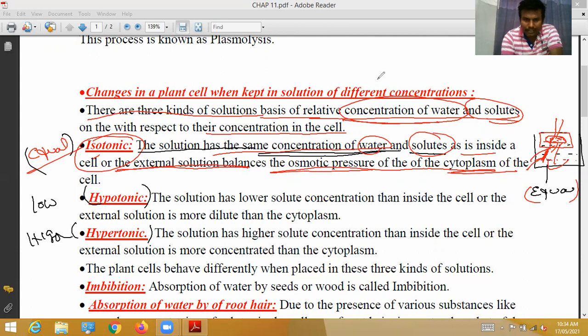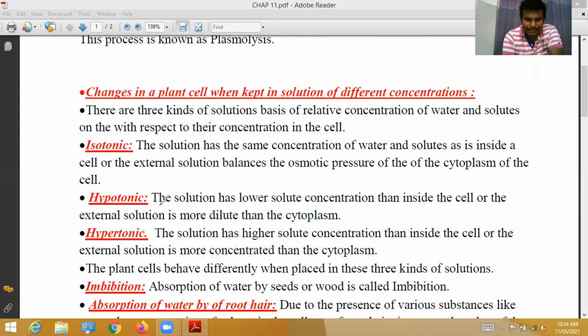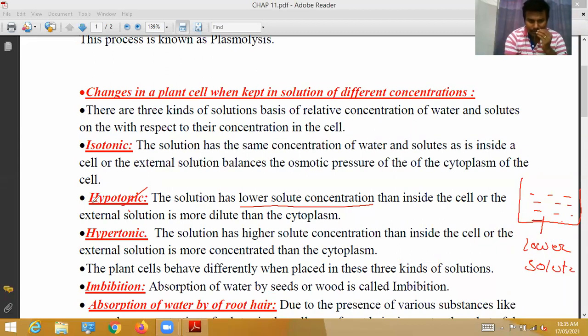Next, hypotonic. In a hypotonic solution, the solution has lower solute concentration. Hypo means low.